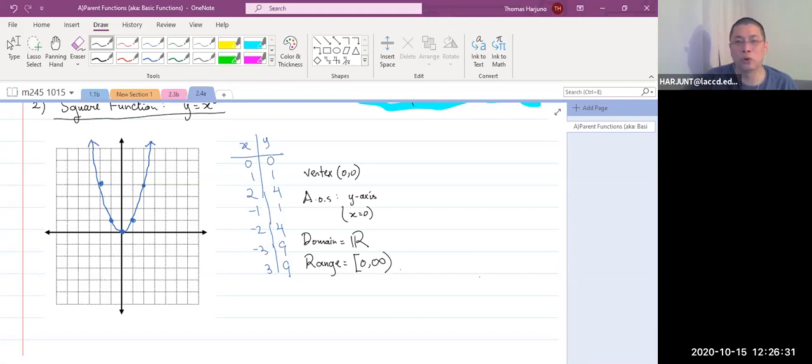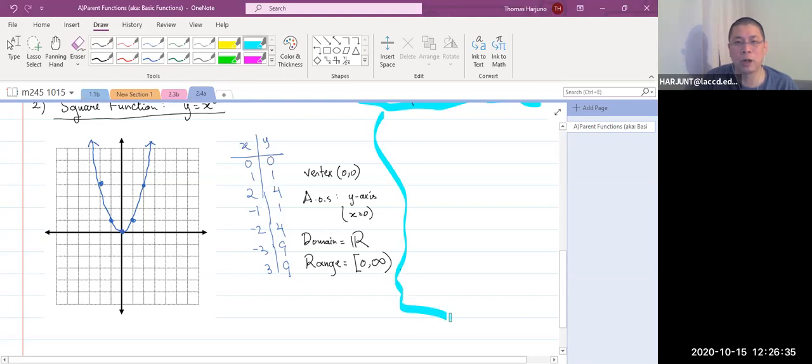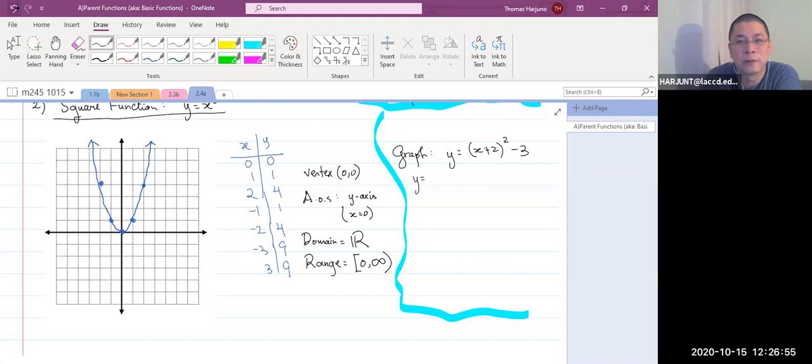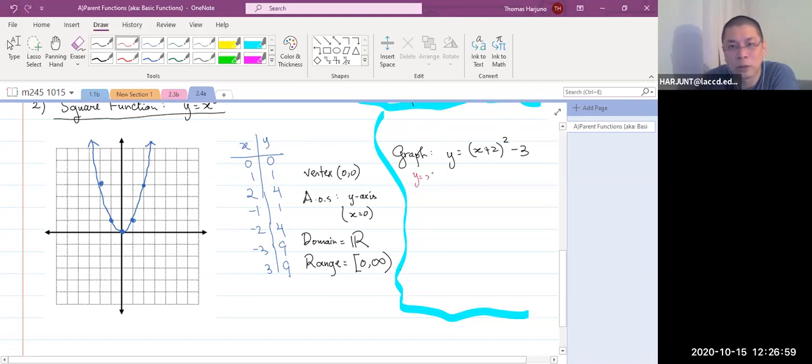Okay, so knowing this, suppose I ask you to graph y equals (x plus 2) squared minus 3. Now, the basic function is y equals x squared.